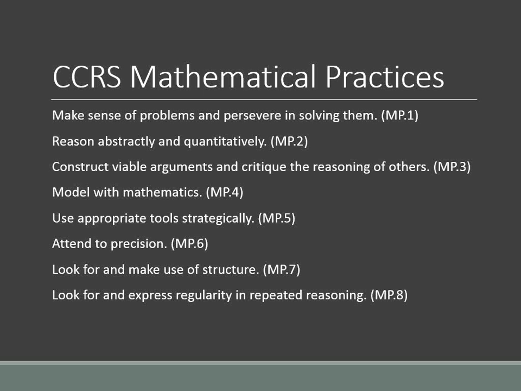I just wanted to mention the CCRs right now because we will be referring to these during the webinar, and I wanted you to have this quick background. We also plan to refer to the mathematical practices, which are part of the CCRs, and you can see the 8 practices listed here. These are a list of practices that students should have opportunities to use in class in order to develop their mathematical thinking.